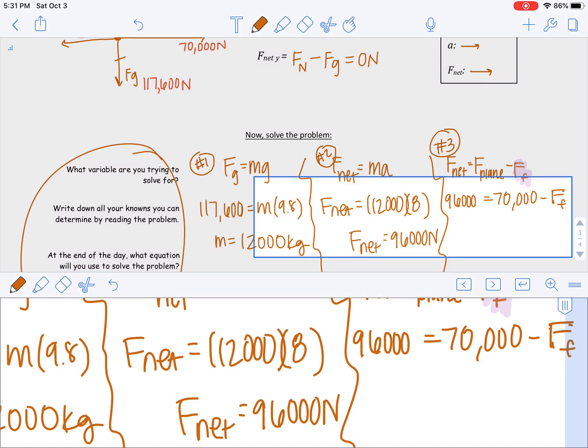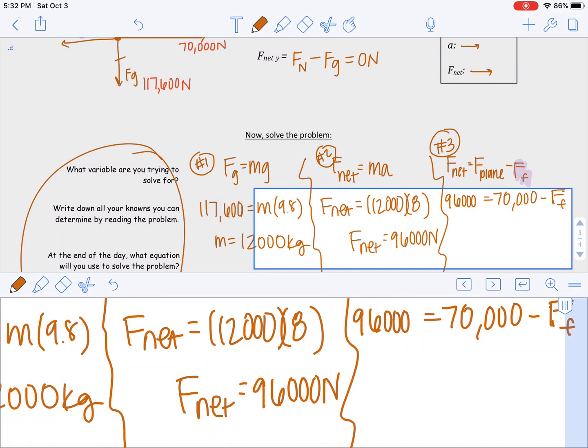And going from here, I'm going to subtract 70,000 from both sides. And I get that 26,000 newtons is equal to that force of friction.